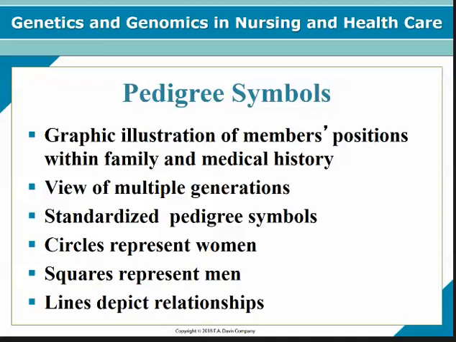It offers us a view of multiple generations, and the symbols are located in a glossary in the back of your textbook, or you can find them online if you just Google pedigree symbols. You'll get the standardized group of symbols that we use when we're looking at pedigrees. Basics are that circles represent women, squares represent men, and lines depict relationships.